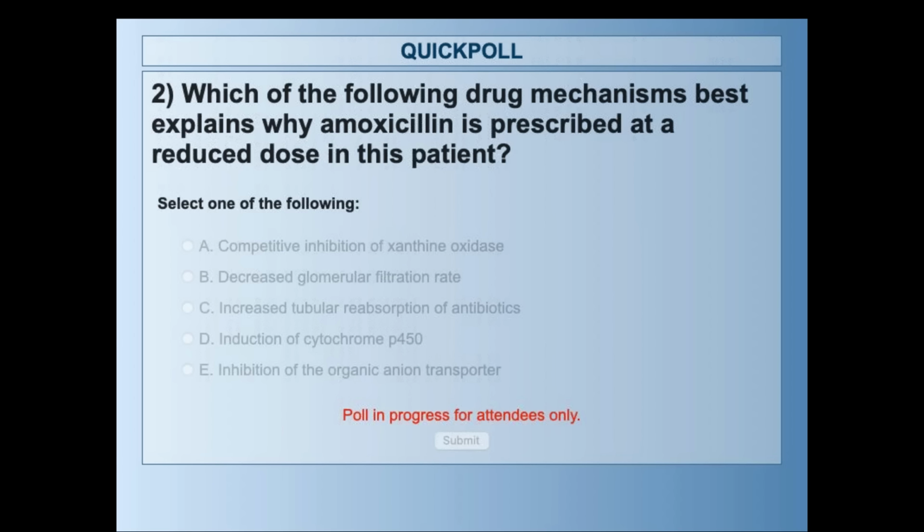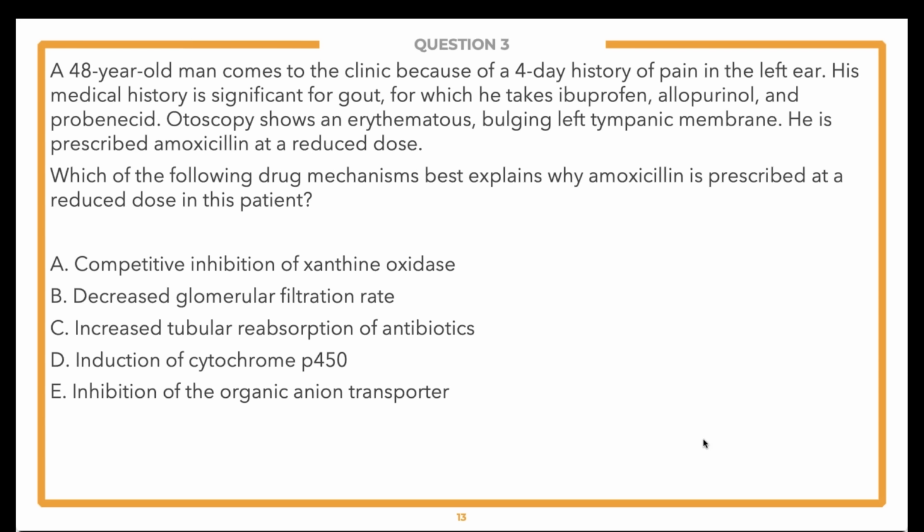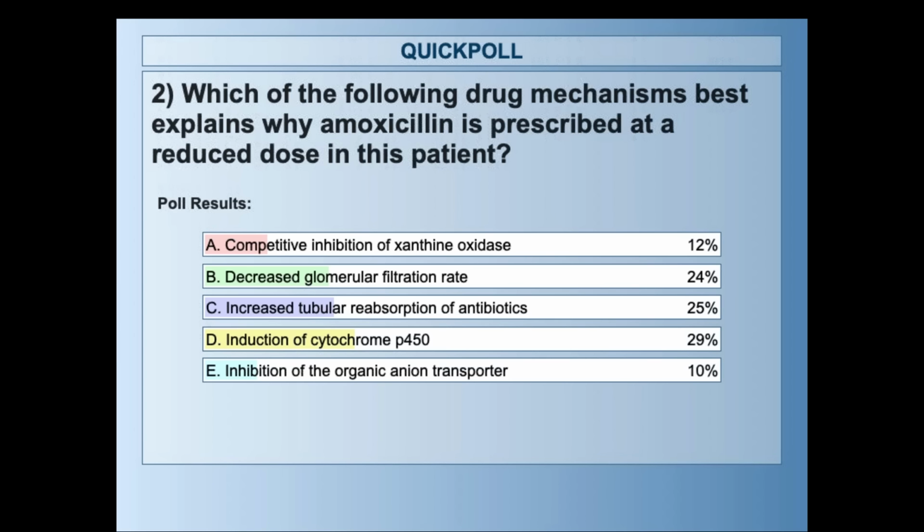Let's see, we've got over 3/4 of you have voted, so I'm going to close the poll. And let's share the results. So this one's a really interesting one. We've got a 3-way battle between answer choices B, C, and D. Induction of cytochrome P450 was the top vote getter, but increased tubular reabsorption of antibiotics and decreased glomerular filtration rate right on its heels.